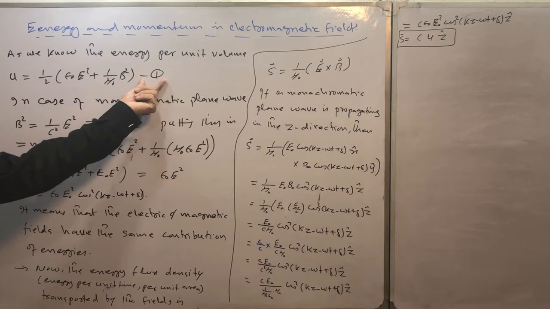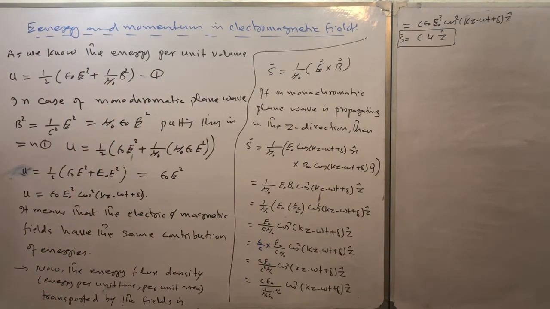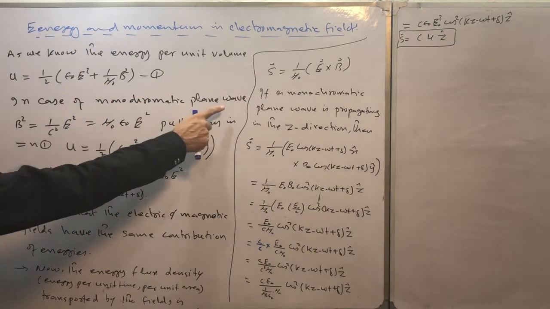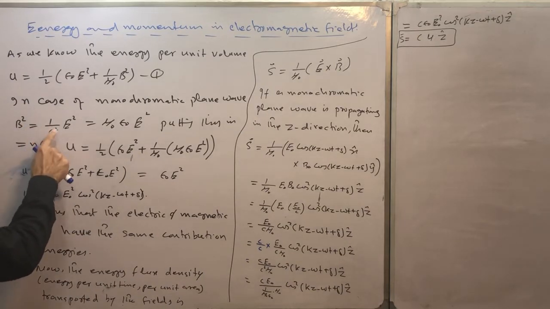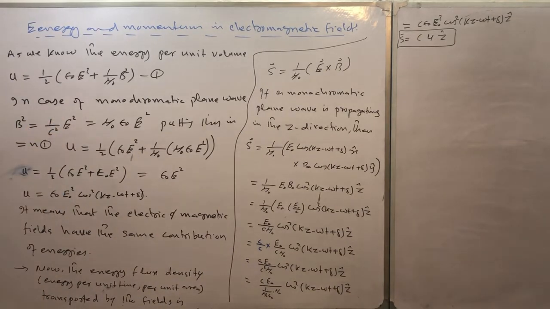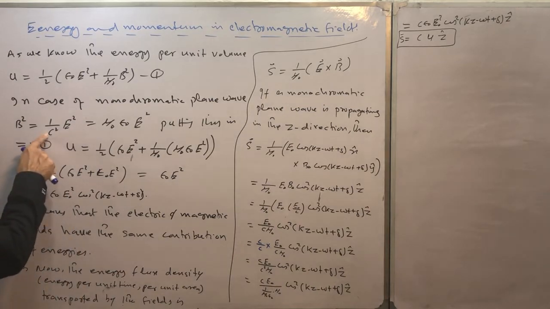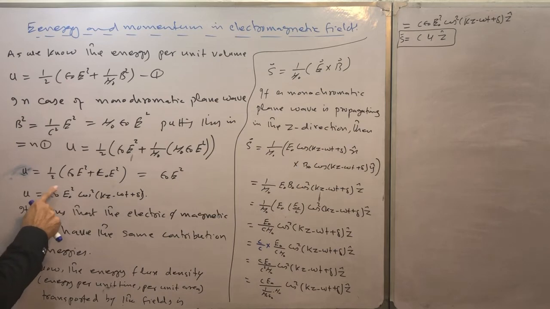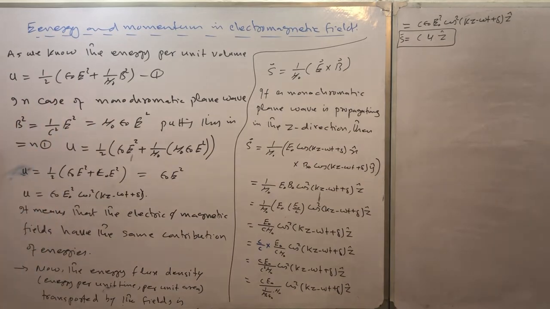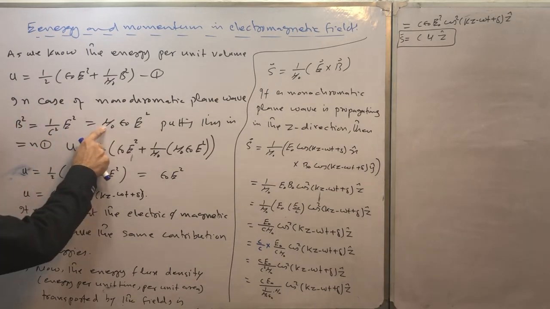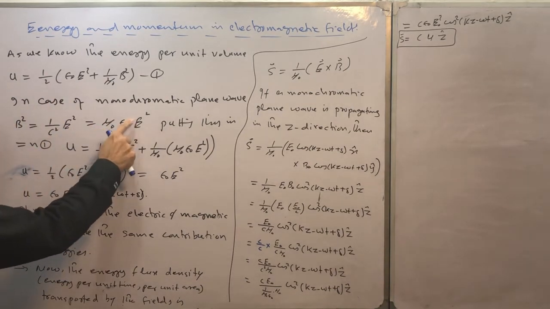And I have considered that this is equation number first. In case of a monochromatic plane wave, B square is equal to 1 over C square E square, and putting the value of C square, which is 1 over mu naught epsilon naught, it goes to the numerator as mu naught epsilon naught E square.